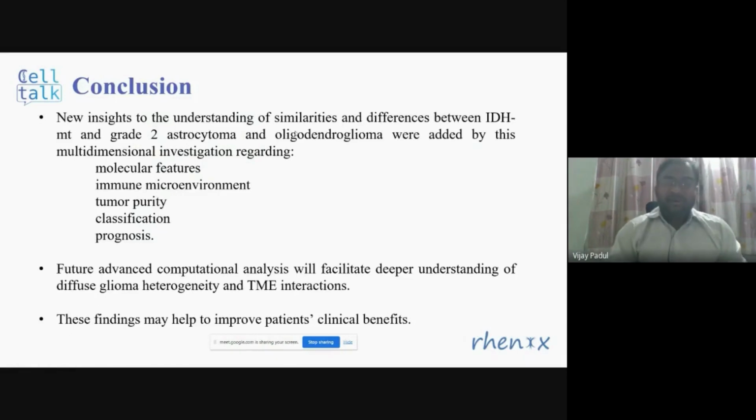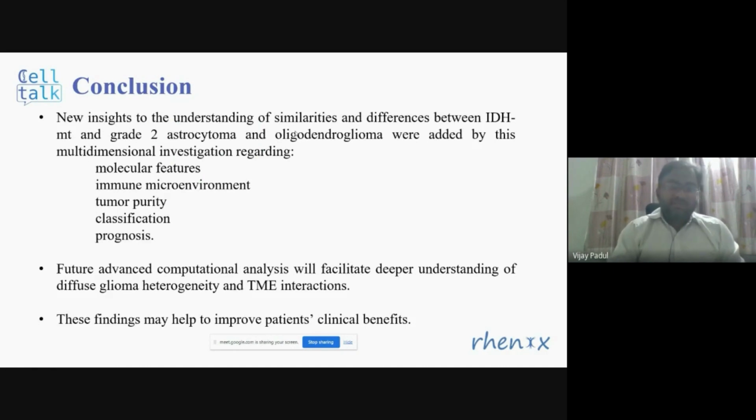So in conclusion, with all these results, this study has comprehensively analyzed, by using 2 different data sets, the glioma histological subtypes, oligodendroglioma and astrocytoma.